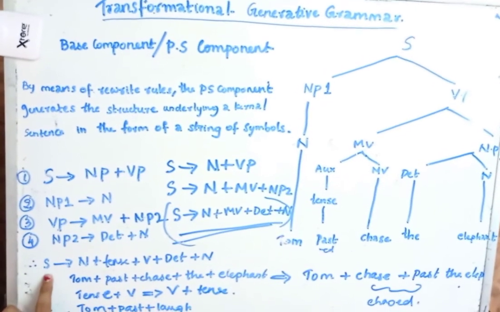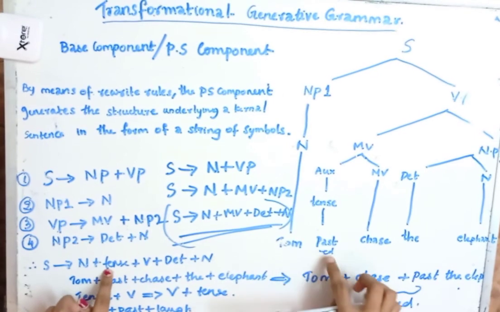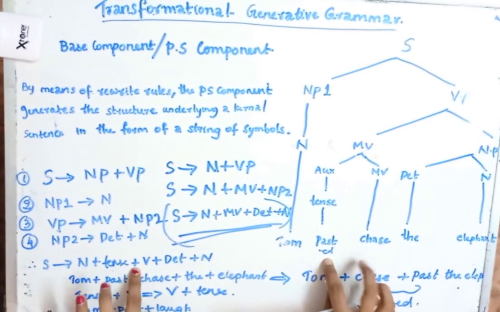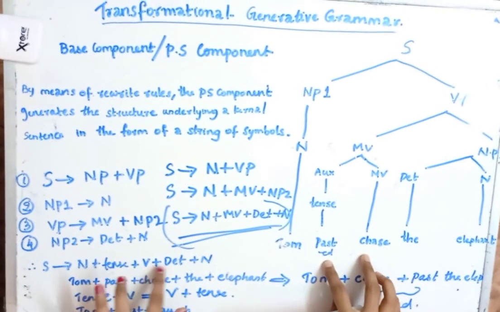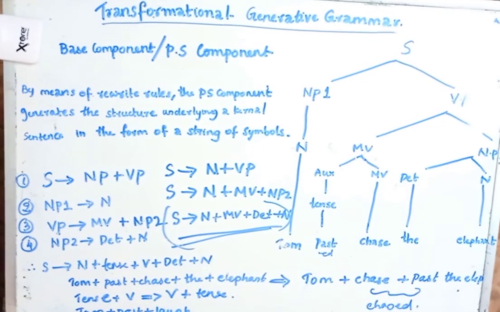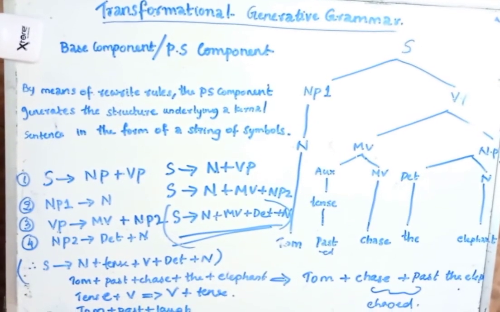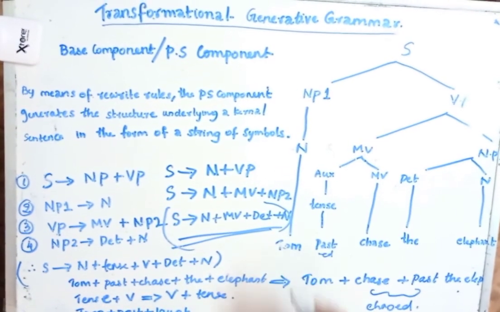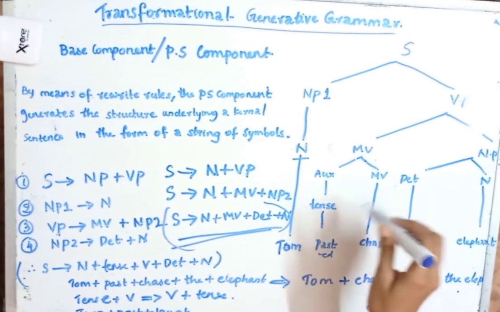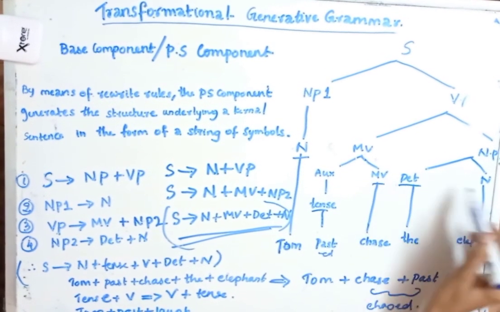That is, sentence consists of a noun, which was Tom, and then there is the tense, which was the auxiliary to the verb. Then you have the verb, then the determiner, and then the noun. So this will be your terminal string: sentence consisting of noun plus tense plus verb plus determiner plus noun.